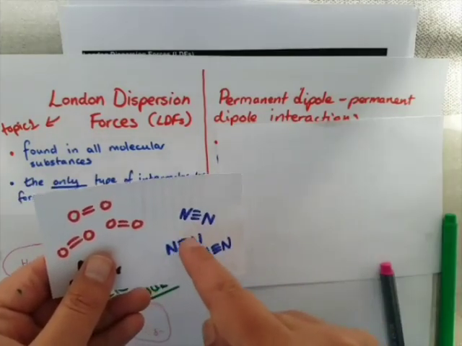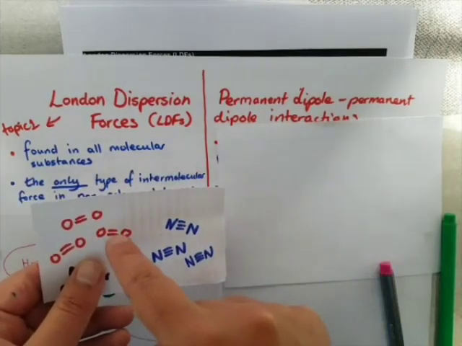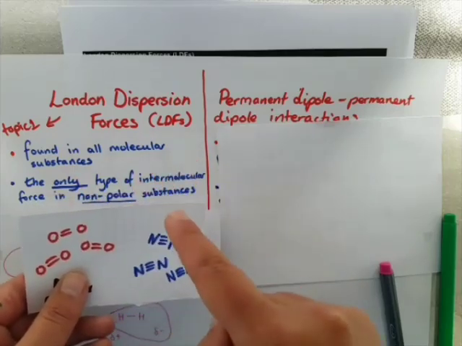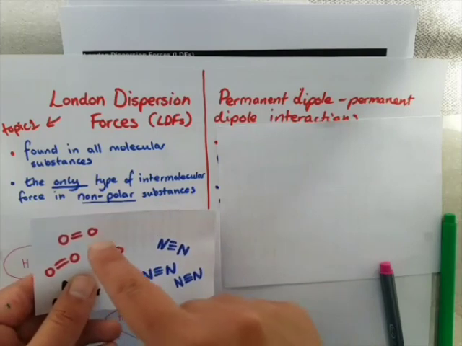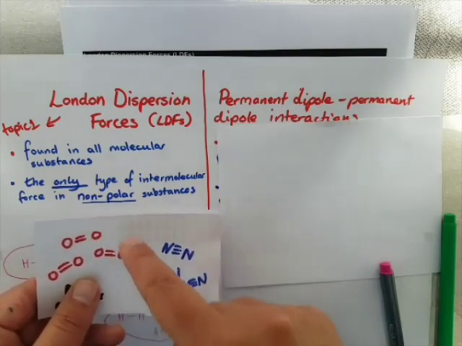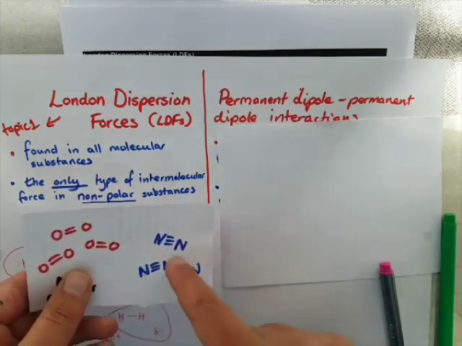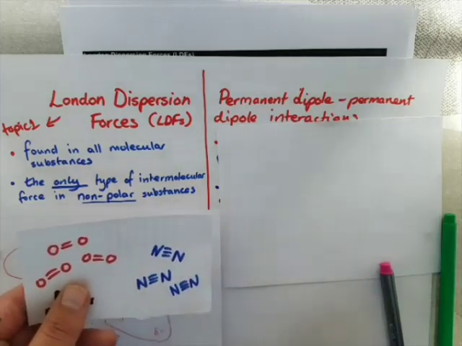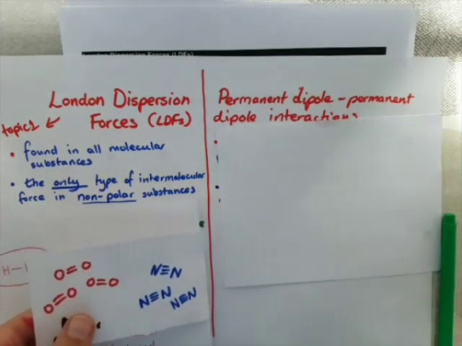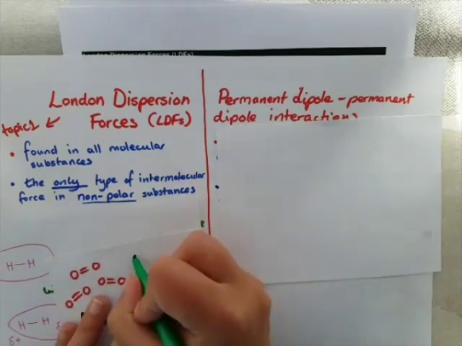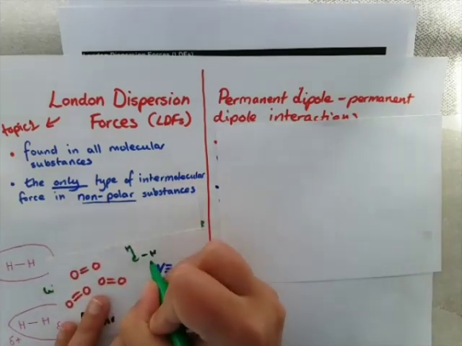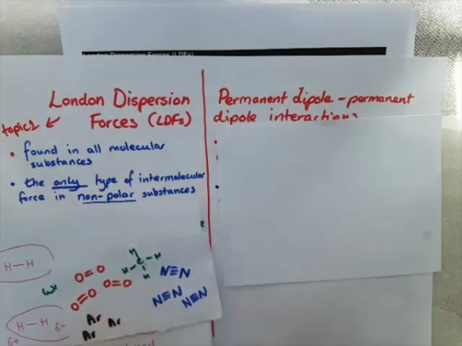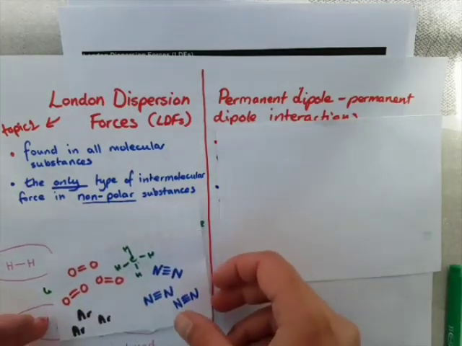Small molecular substances which are non-polar, so diatomics would be a good example, only contain London dispersion forces as their main intermolecular force. And because these are a relatively weak type of intermolecular force, that explains why these small molecular substances tend to be gases at room temperature. Methane would be another really good example of a small molecular substance which is non-polar and therefore only contains London dispersion forces.